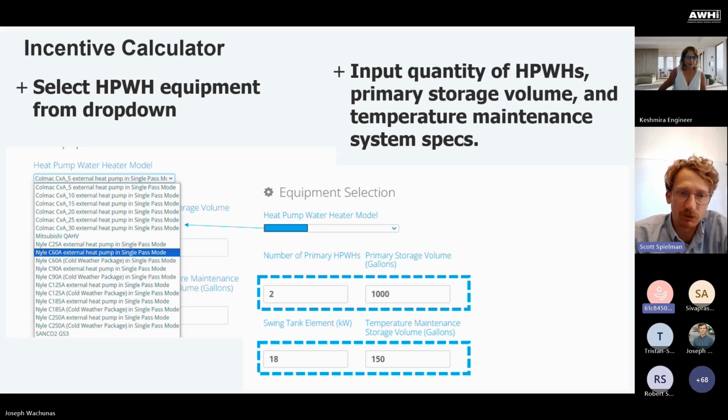Then you select the quantity of heat pumps, the primary storage gallons, the swing tank element size, and the swing tank volume in gallons, and that's all the system specifications that are needed for the simulation to run. Next slide.